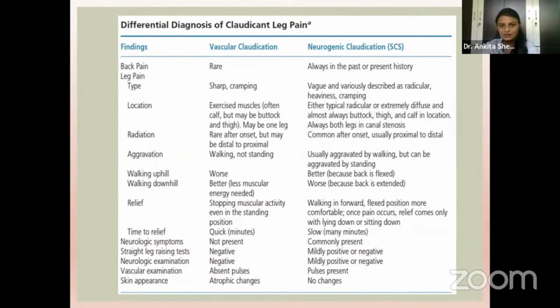Vascular examination in vascular claudication can show absent pulse, whereas in neurogenic claudication, pulses are normal and present. The skin appearance in vascular claudication generally shows atrophic changes, whereas in neurogenic claudication, no changes are seen. So this is a summary of distinguishing characteristics between vascular claudication and neurogenic claudication.